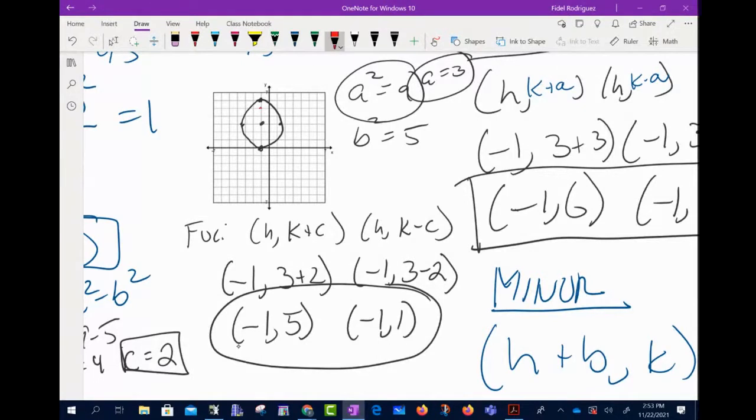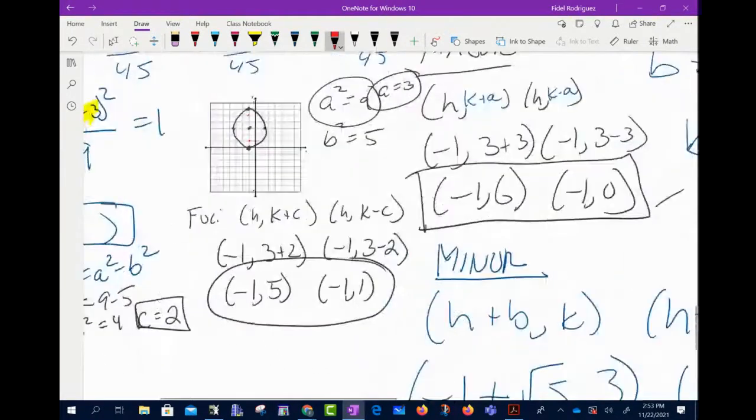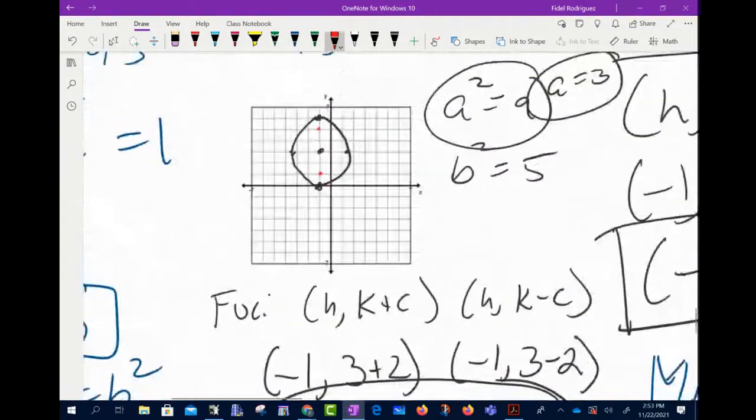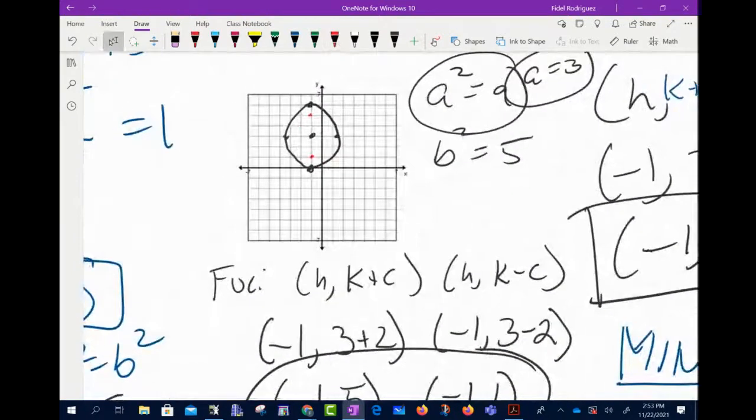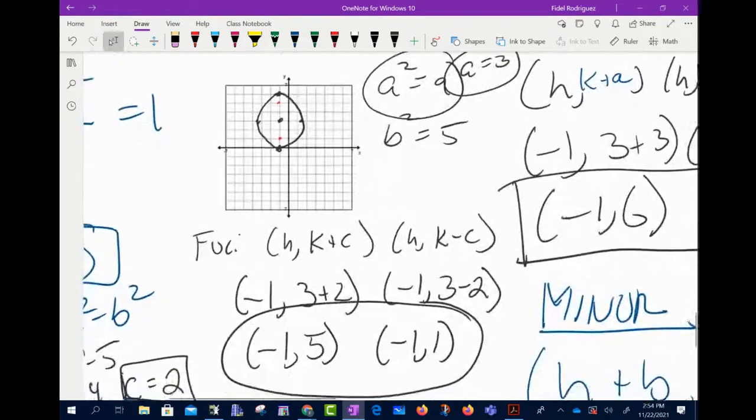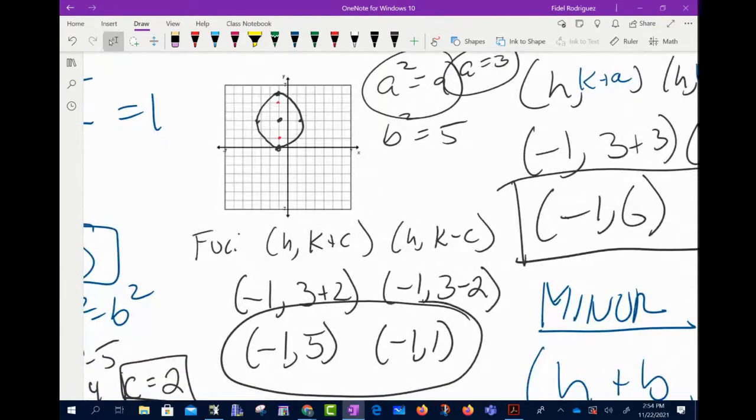So 3, 4, 5, and (-1, 1) right about there. I will zoom in in case y'all need to see that a little bit better.